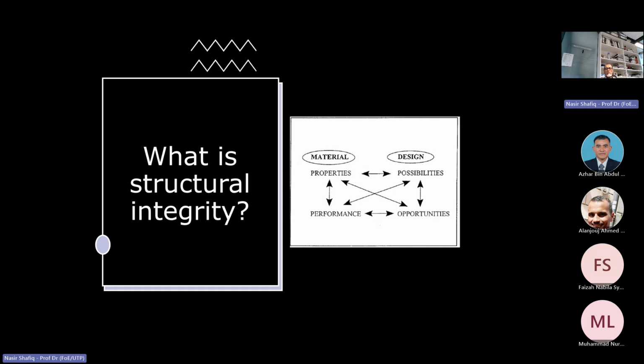This is the material strength, and the design strength is being considered as 0.6 of Fy. So this 40% is the safety factor, right? Meaning to say, whenever we are looking at material, properties, performance, possibilities and opportunities, in this crisscrossing, that is the exercise we are doing and checking: material and design options, right?